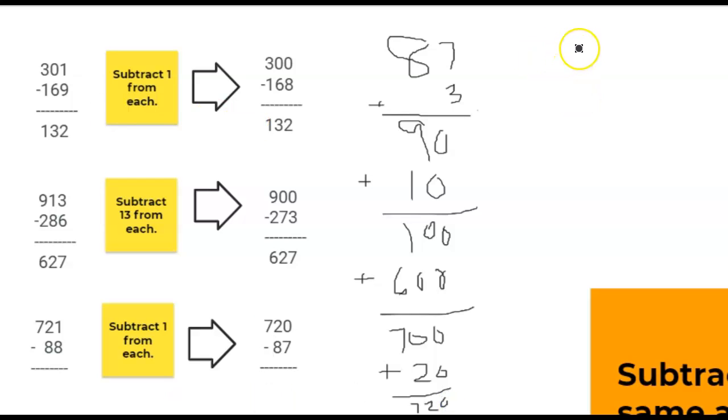And then as the final step, we just figure out what we added. We added 20, we added 600, we added 10, and we added 3.